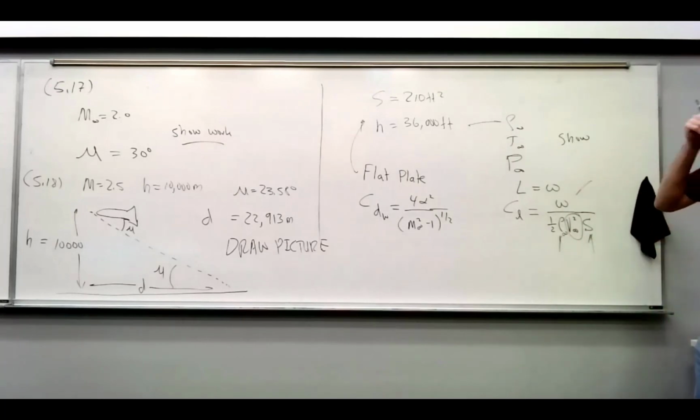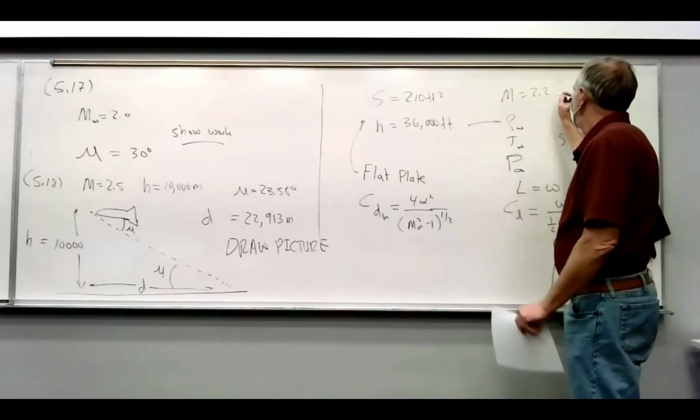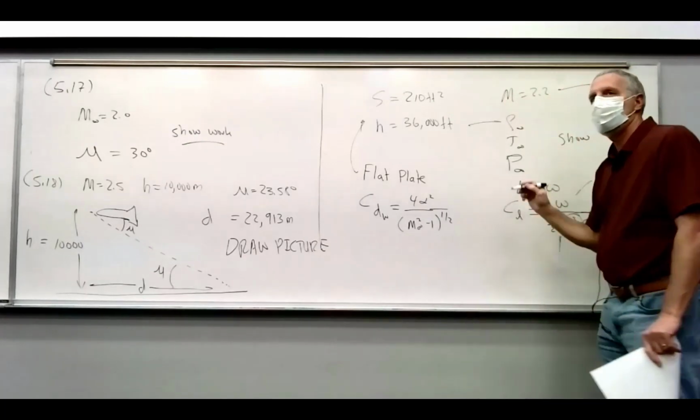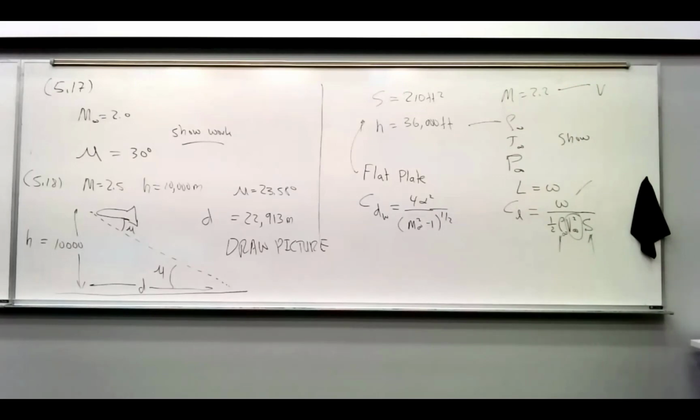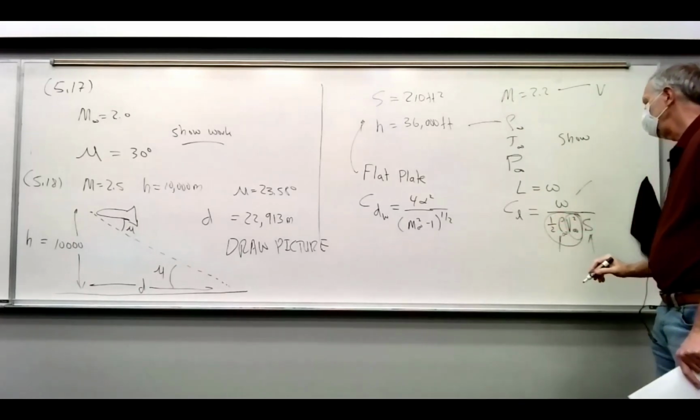Directly, we know a Mach number. So how do we get the velocity from Mach number? Well, Mach number is velocity divided by the speed of sound, so we have to calculate the speed of sound. And we also need to calculate the dynamic pressure then, once we get the velocity.